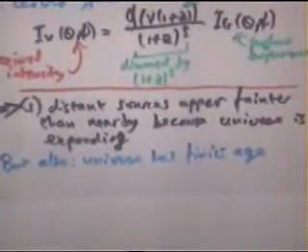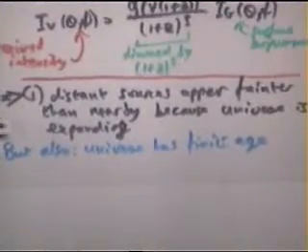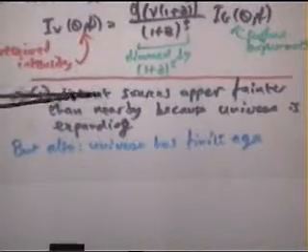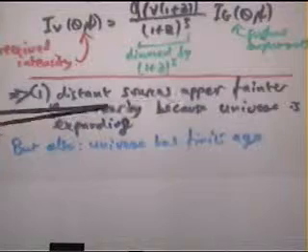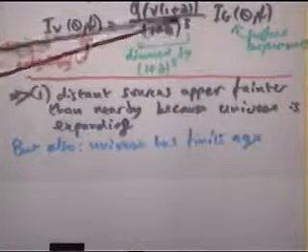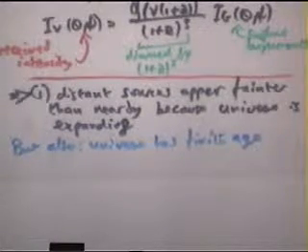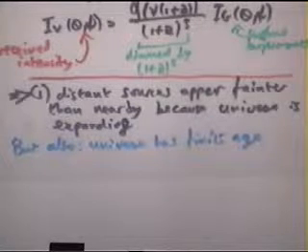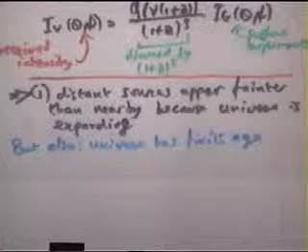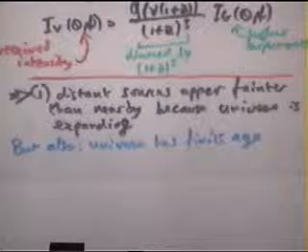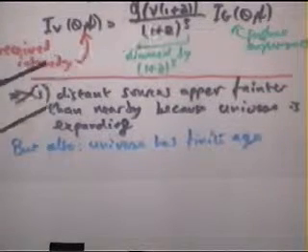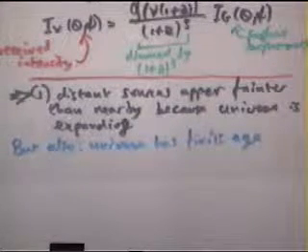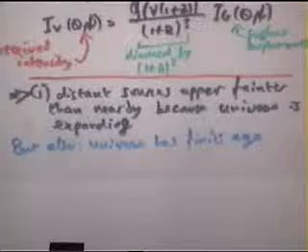Now, there are new factors which come in here, and the most important is that the distant sources appear fainter than nearby ones because the universe is expanding. So the radiation from those distant sources, because of the expansion of the universe, is not the same after all. It decreases as (1 plus z) cubed, and that then is sufficient to solve the Olbers paradox for you.